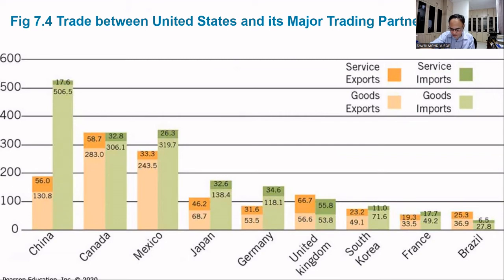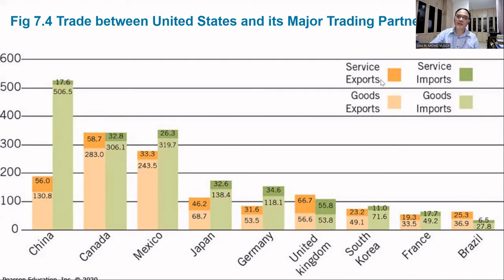It must be billion. So imports are greater than exports. This is US with China, US with Canada, the balance with Canada. This is what we call a trade deficit. There is almost no surplus. That's the deficit.